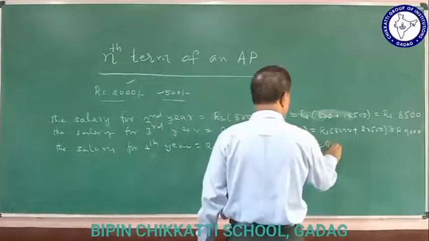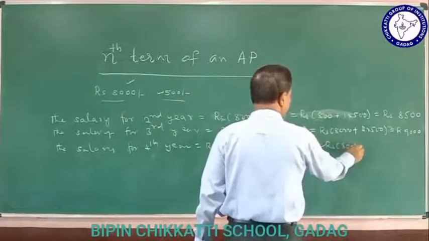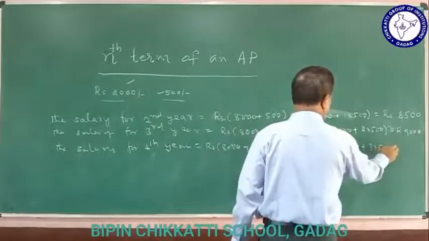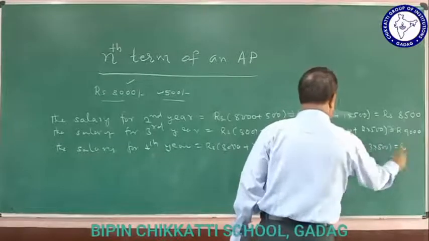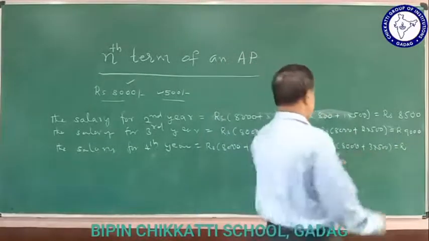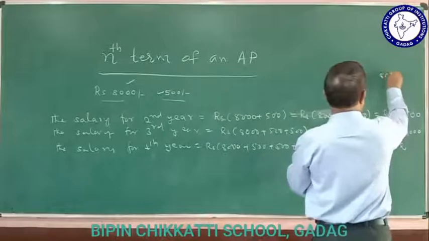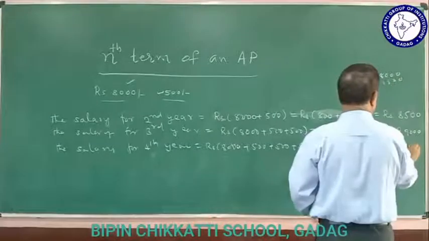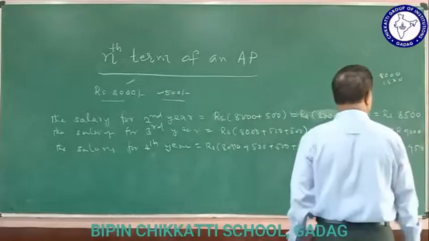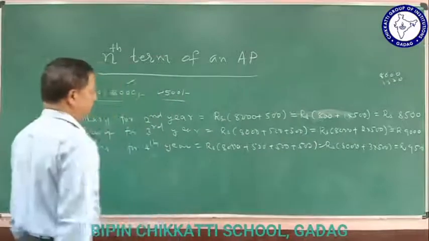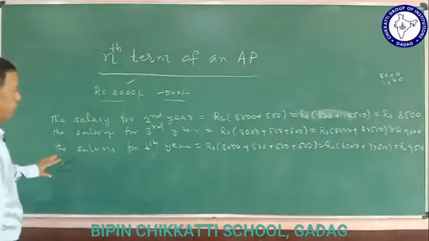This can be written as Rs 8,000 plus 3 into 500. So what is the total amount? 3 into 500 is 1,500, plus 8,000, so it is Rs 9,500. You can continue like this.